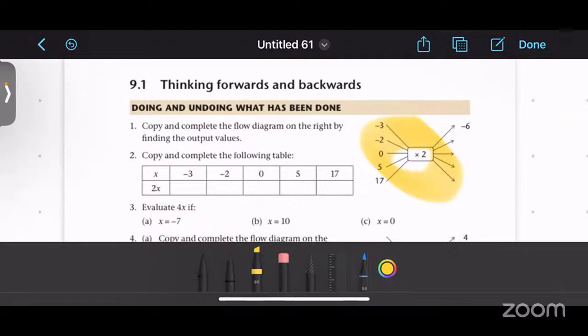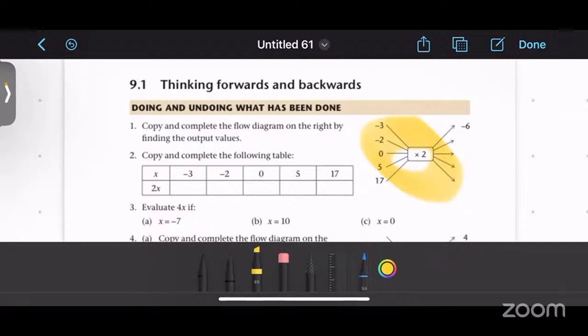Manahil? Ma'am, I can't find my calculator. For this one you can use your head to calculate, don't use a calculator.